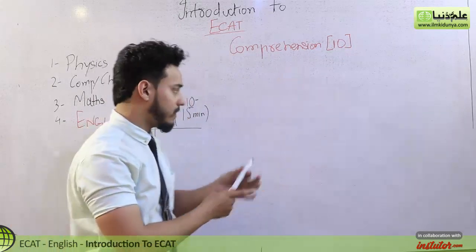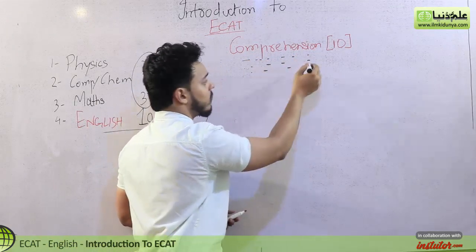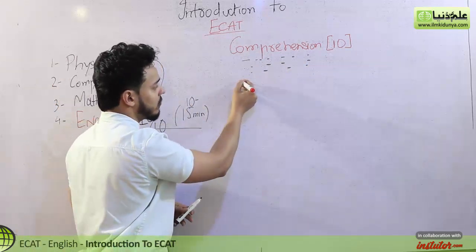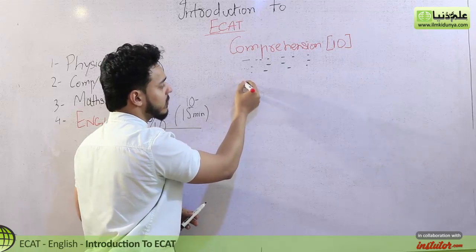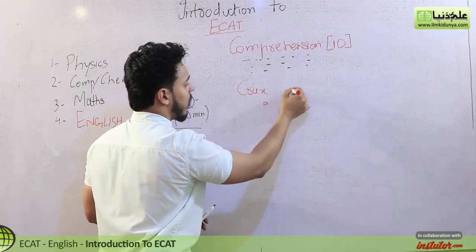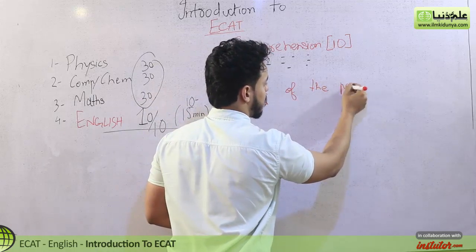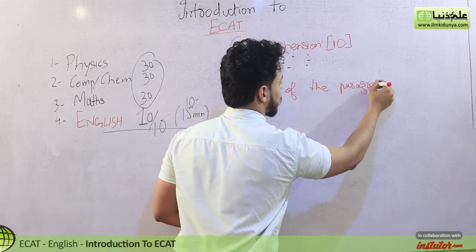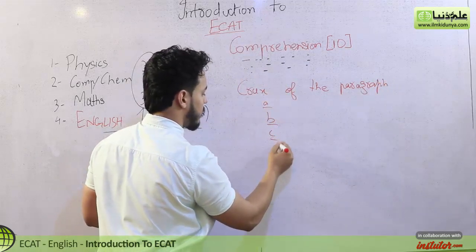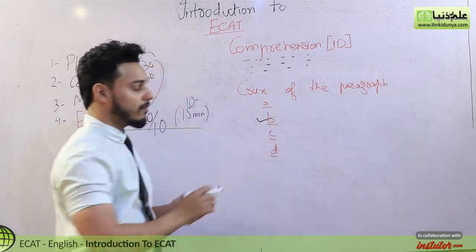We will be having the passage, where there would be various paragraphs, and after that we'd be having a few questions. For example, it could be about the crux of the paragraph, and then we'll be having options A, B, C, and D, and one of them would be chosen by you.